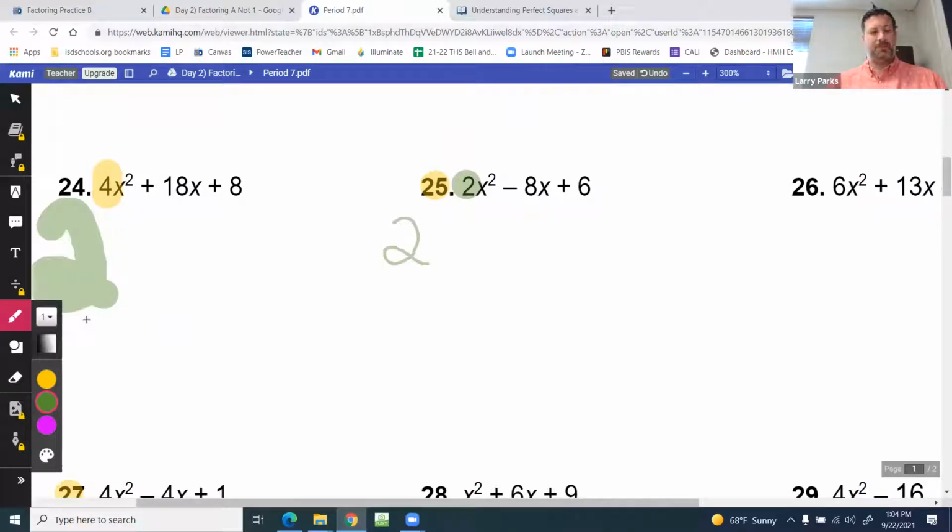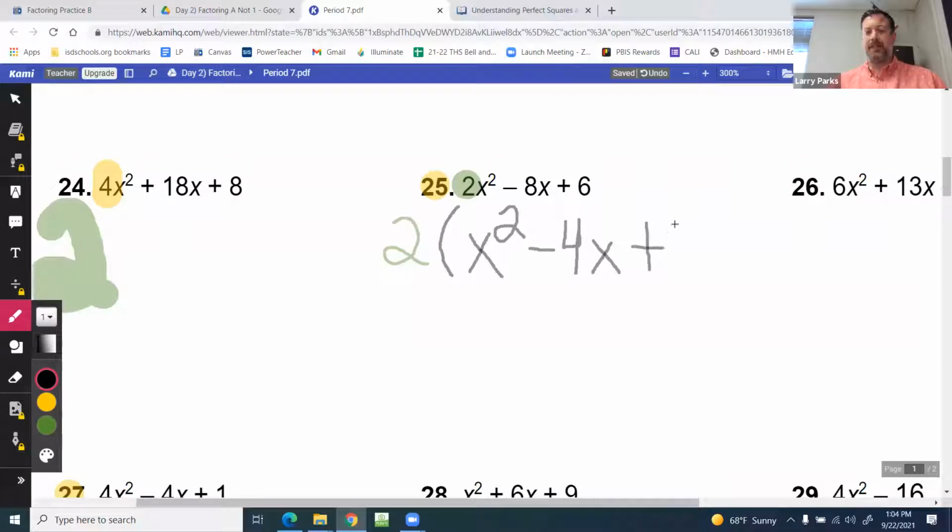What's left over? Well, if I take 2 out of 2x squared, I get just x squared. I took 2 divided by 2 and I got 1. 8 divided by 2 is 4. That's negative 4x. And 6 divided by 2 is 3.